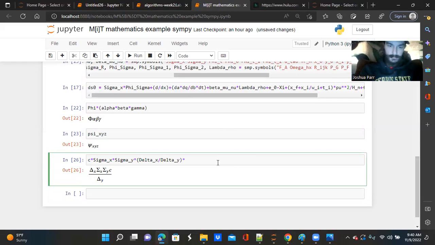Now we're adding in iota times d dx, dx with respect to time, dx squared, d u times dt squared.